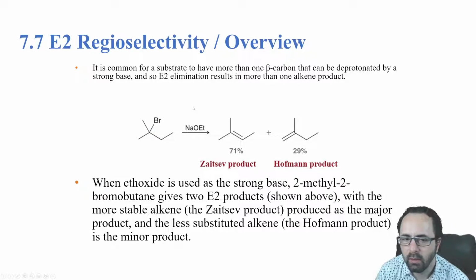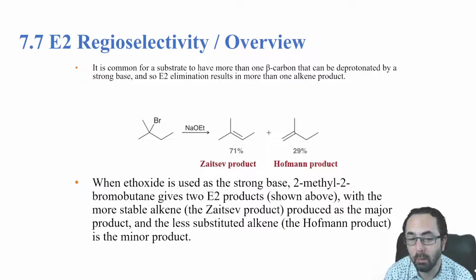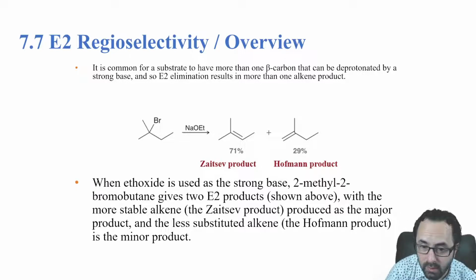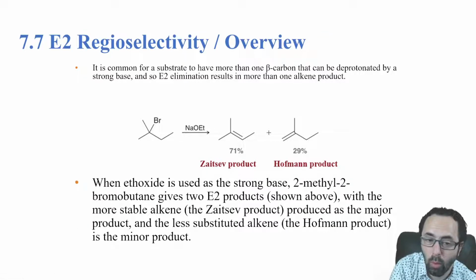So now it's time to talk about which type of product we will have, because when we have an elimination, often there's more than one product that we get from the elimination. So for example, here we have two potential products in the reaction. Why is that? Well, because if we look at this, we have two positions for beta hydrogens. We have two hydrogens here, and we have beta positions here as well.